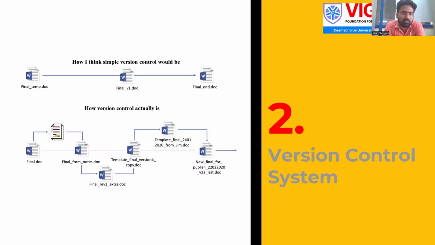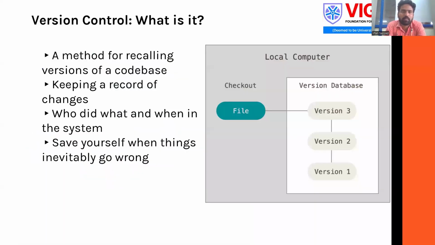For example, the first one, final from notes, is allocated to one person. Final revision for extra is allocated to some other person. Template work is allocated to another person. Template verification is allocated to other persons. So these things are going to be merged into the final one, then it will be sent to the final version control system. So that is how the version control system works.